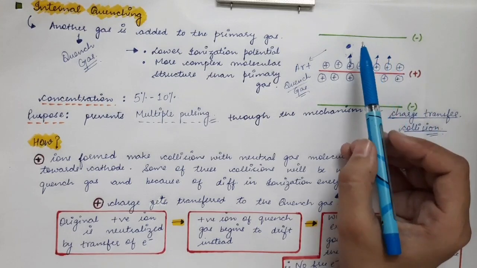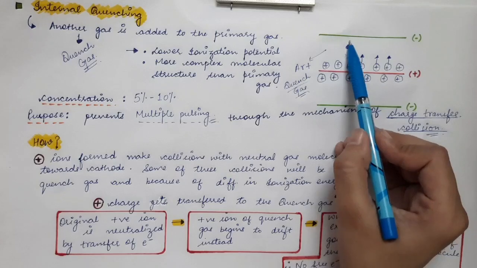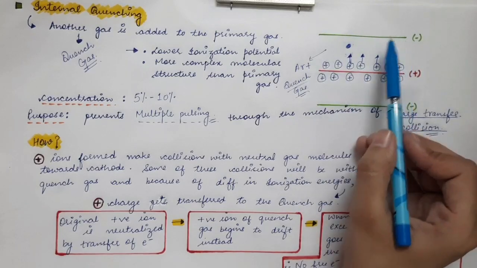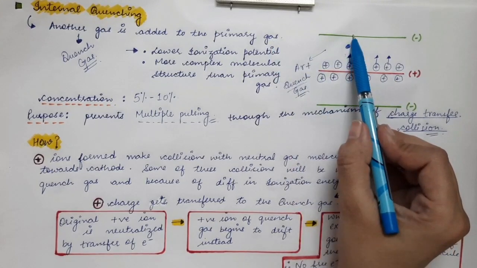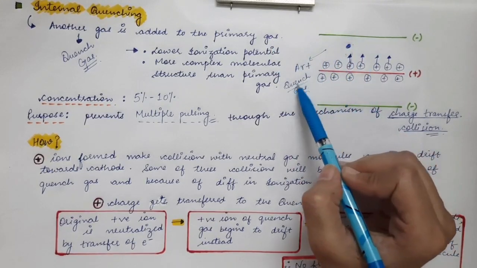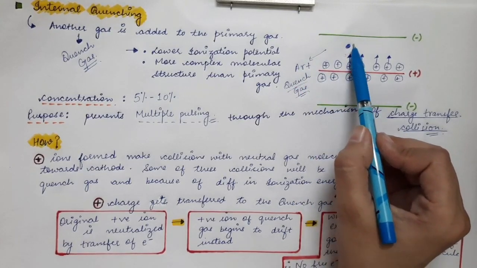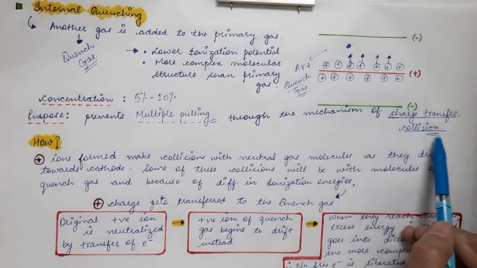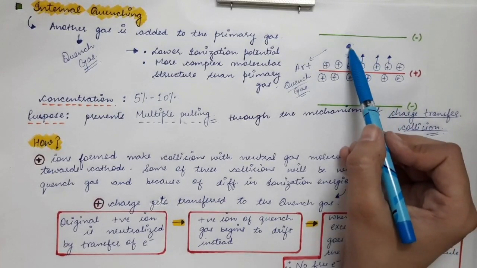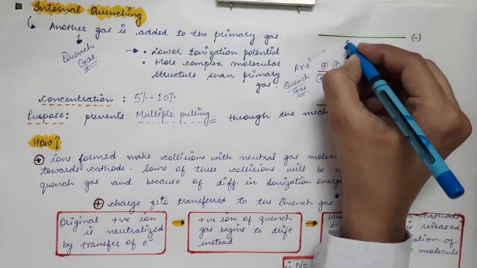So now these quench gas ions start drifting towards the cathode. Earlier the positive ions of the primary gas were drifting towards the cathode wall, but when you add the quench gas, the positive ions transfer their charge during this collision, which is called a charge transfer collision. The positive charge is transferred to the quench gas molecule, and now instead of the primary positive ion, the quench gas ion drifts towards the cathode.